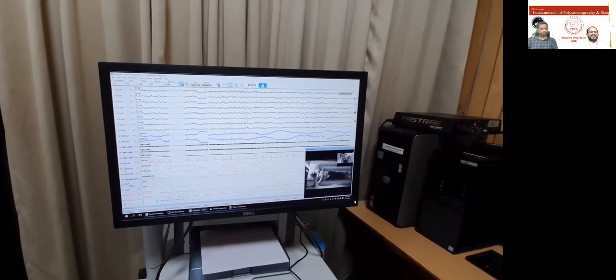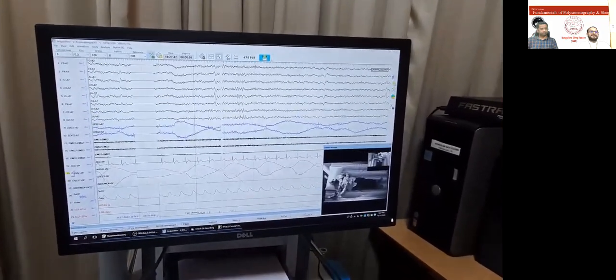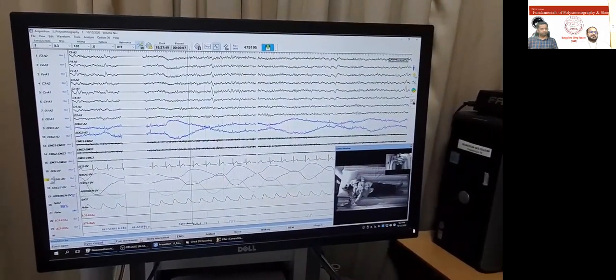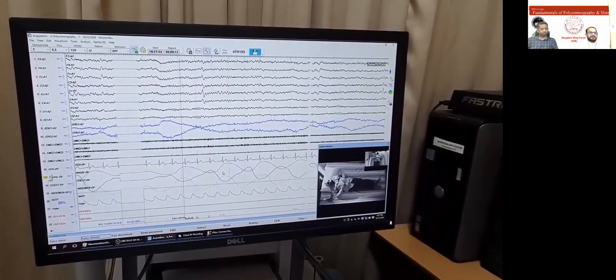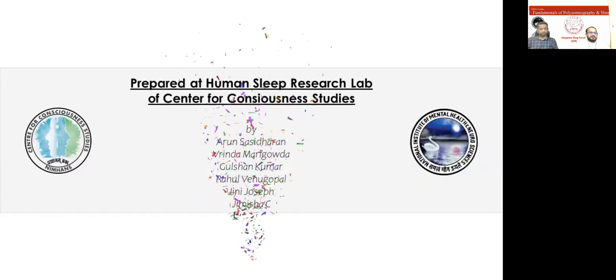Most importantly, start the acquisition button. So that completes the virtual lab tour.